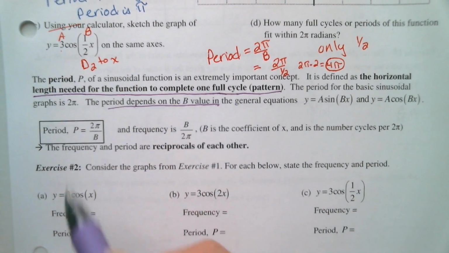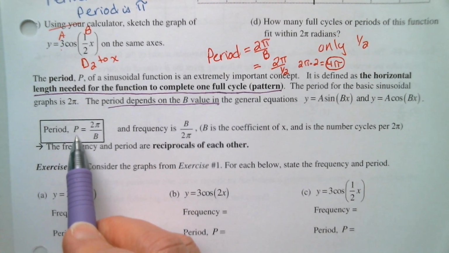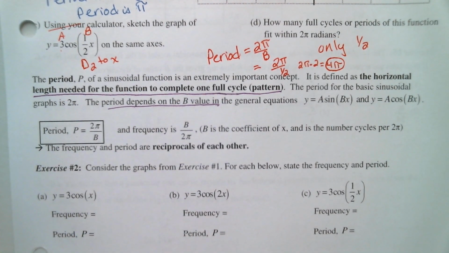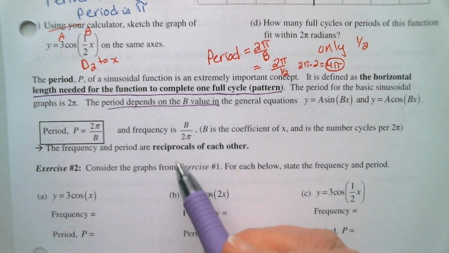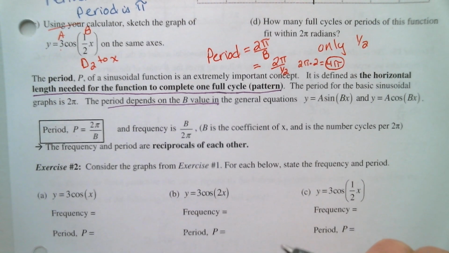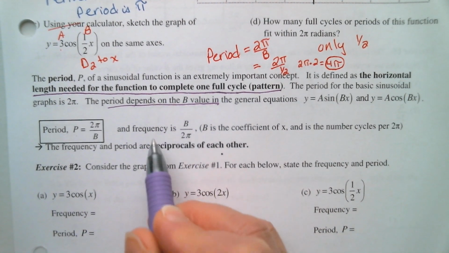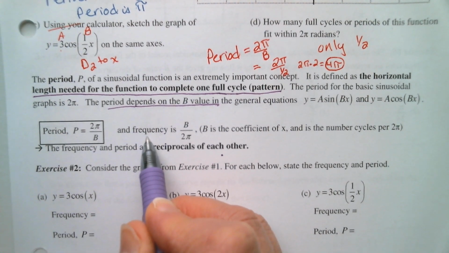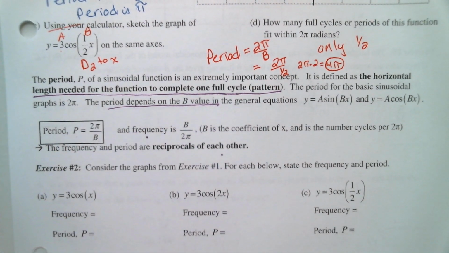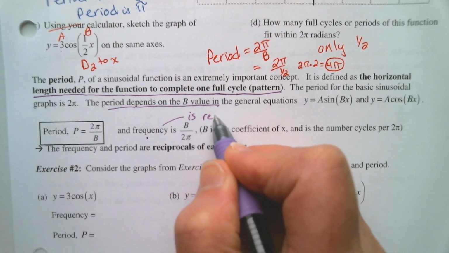So here's our formula, another formula you need to memorize. Period capital P equals 2 pi divided by b. And frequency is b over 2 pi. I like to use the words frequency and period are reciprocals. So whenever I'm asked for the frequency, it's simply the reciprocal of the period.